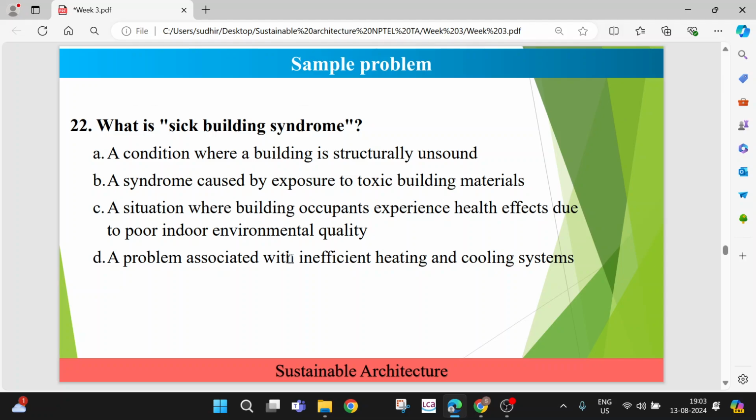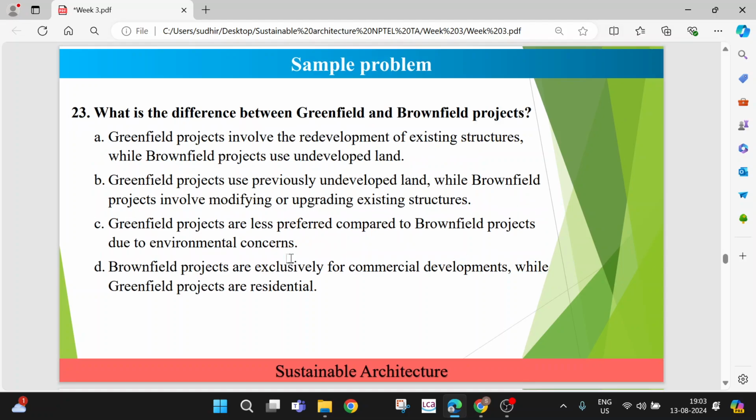Here is question 23. What is the difference between the greenfield and the brownfield projects? Two kinds of projects have been discussed, so try to answer this question. It is well discussed in lecture 13.